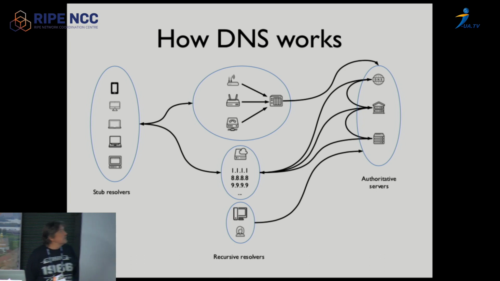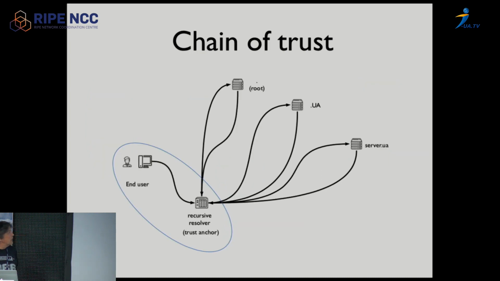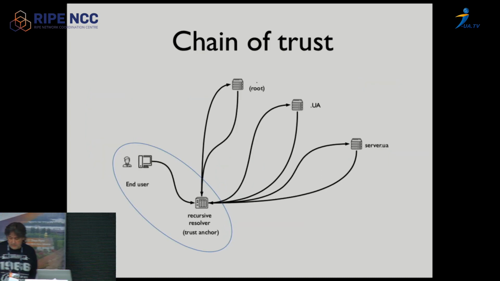And also there are authoritative servers, and they are contacted by recursive resolvers. The word recursive stems from the fact that they start from the root servers and go down and down, and then they get a reply to the request they have sent. So we will be speaking of recursive resolvers and authoritative servers.